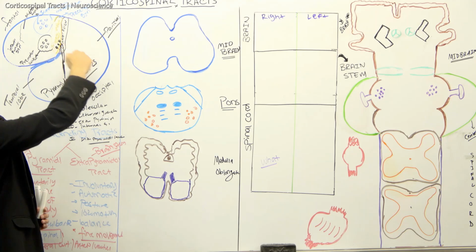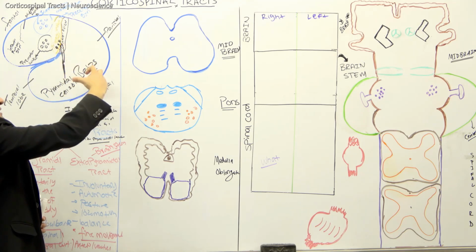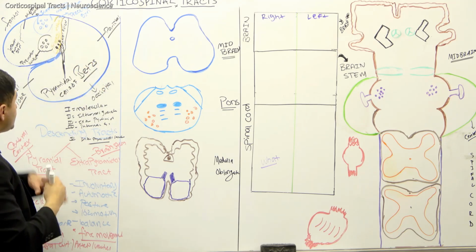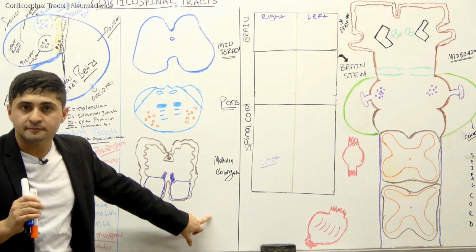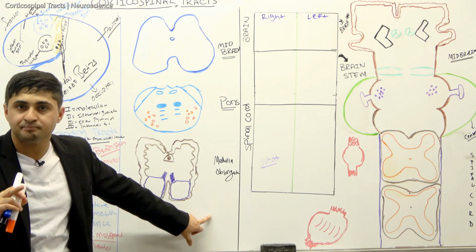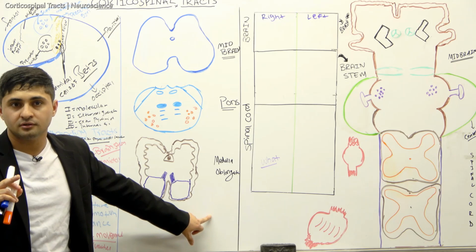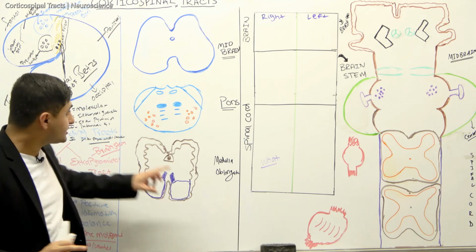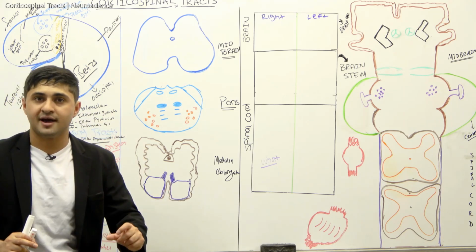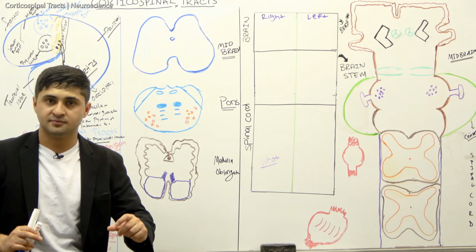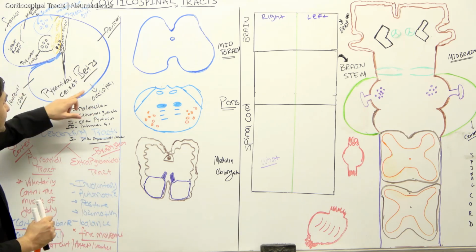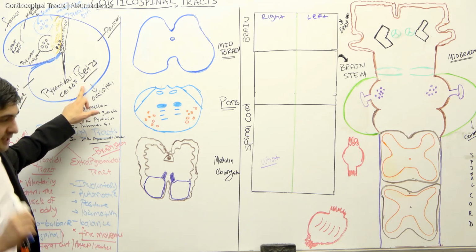When the axon fibers come from the pyramidal cells of Betz, they go directly to the spinal cord and synapse at the anterior horn of the spinal cord. That's what these guys do. They're very, very fast when it comes to their velocity. All right? So this is something that I wanted to quickly emphasize.